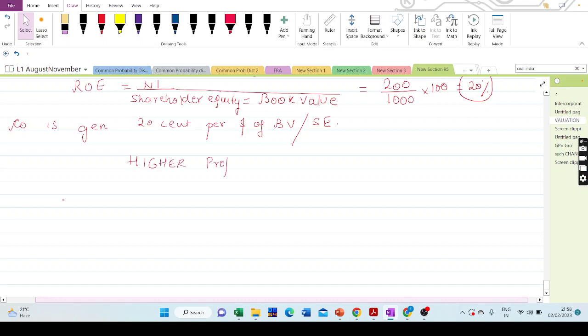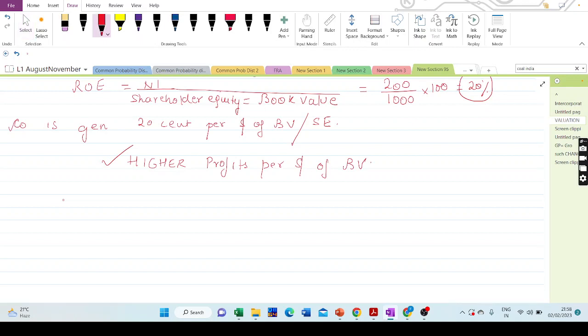If the market participants believe that the management can generate higher profits per dollar of book value, then investors would be willing to pay more per dollar of book value.